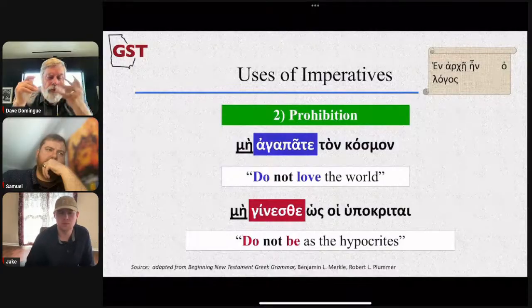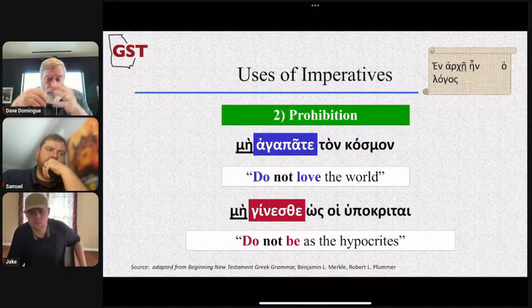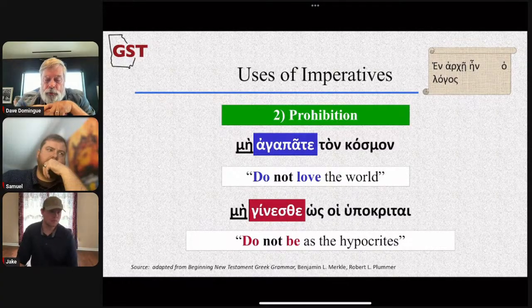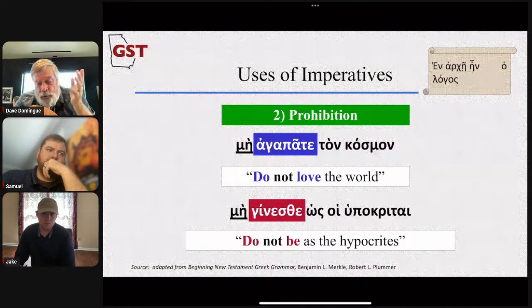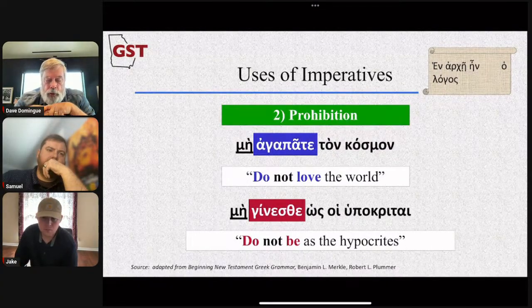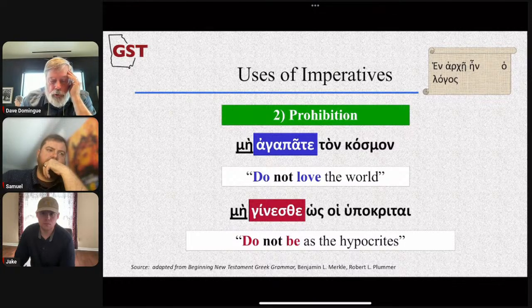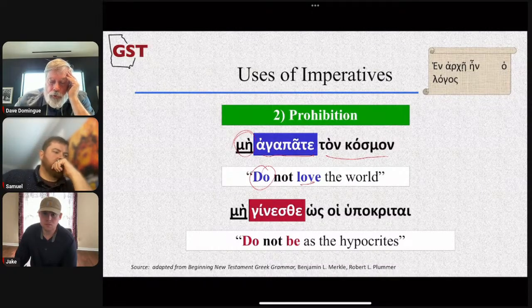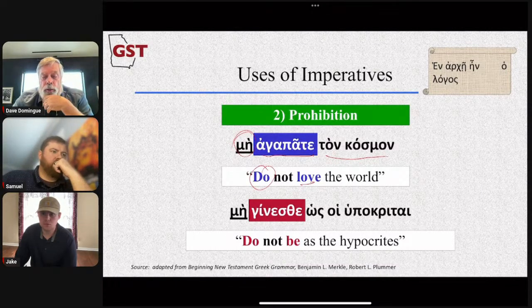So, prohibition, of course, would be no. They give you the example here: Me agapate ton kosmon. Do not love the world. So here's our prohibition, the me, and the agapate is our "do love the world." This is our second person plural, if I remember right.